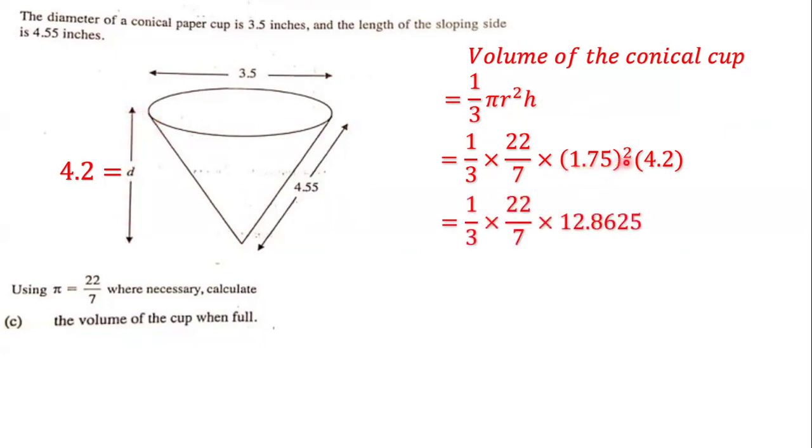So we have 1.75 squared multiplied by 4.2, and when we multiply them, we get 12.8625.